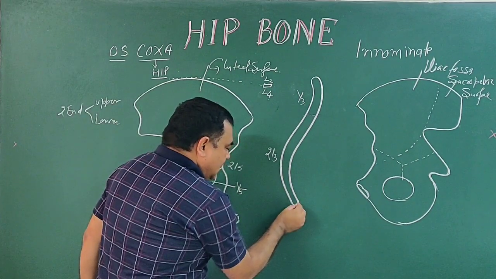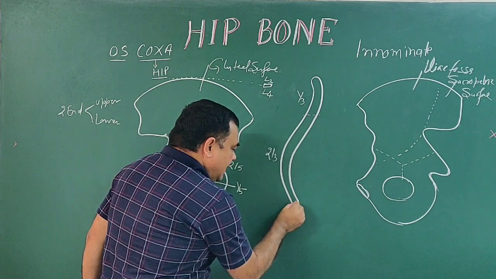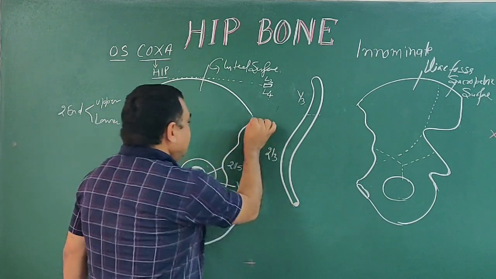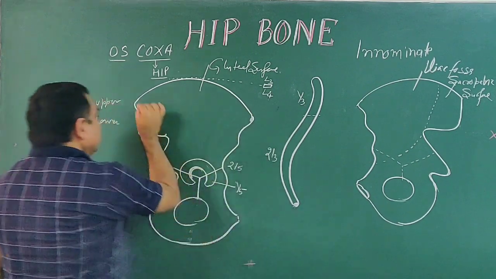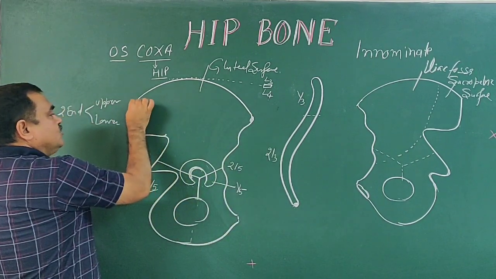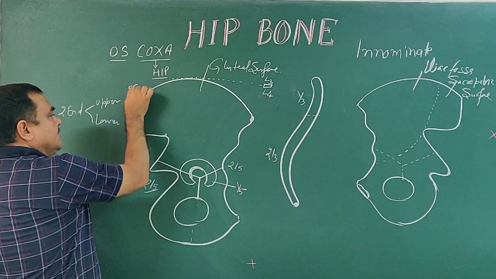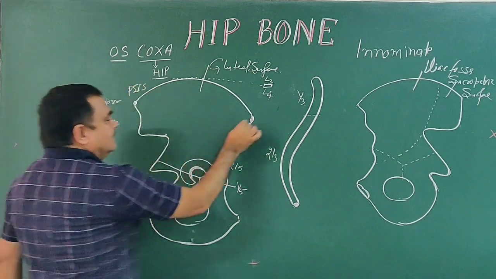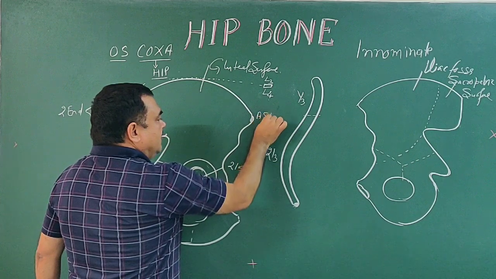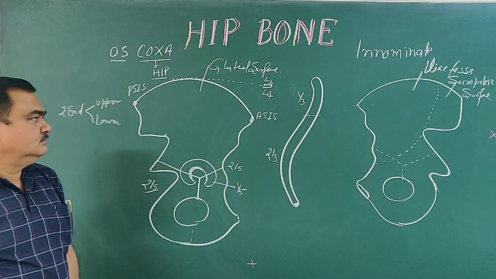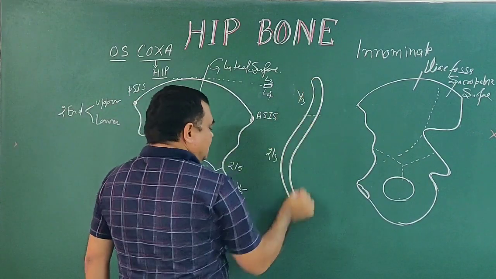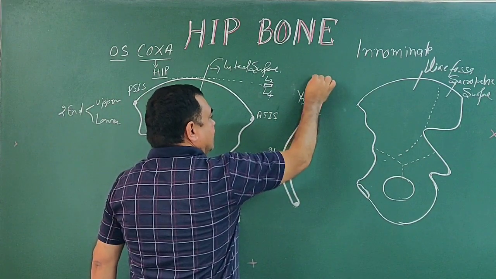This is the anterior superior iliac spine. This is the posterior superior iliac spine. So this is anterior, this is posterior.